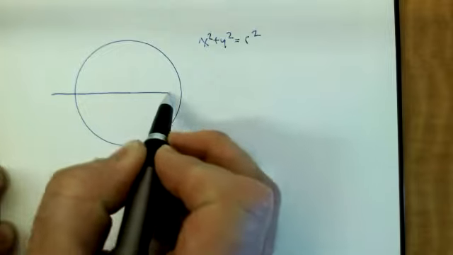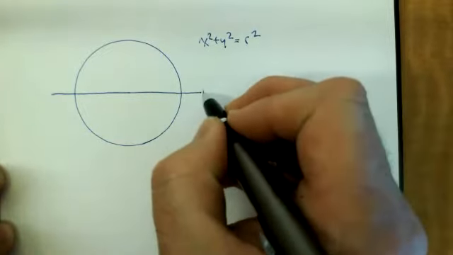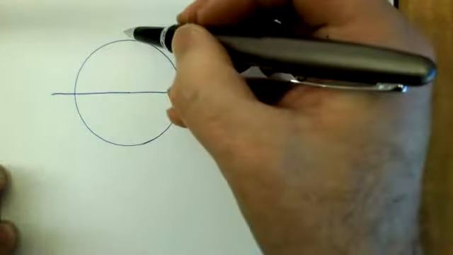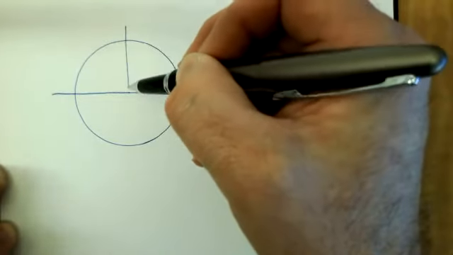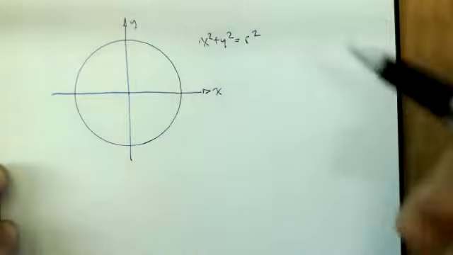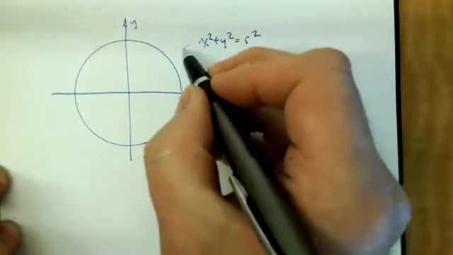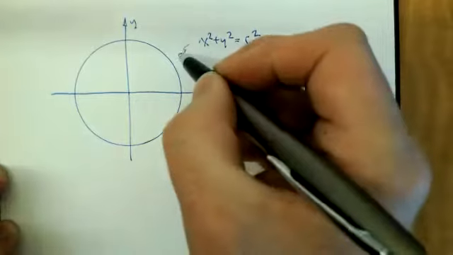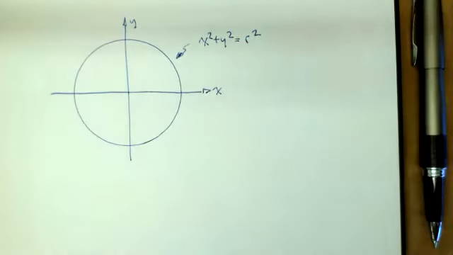So we've got a circle of radius r. The equation for a circle is x squared plus y squared equals r squared.